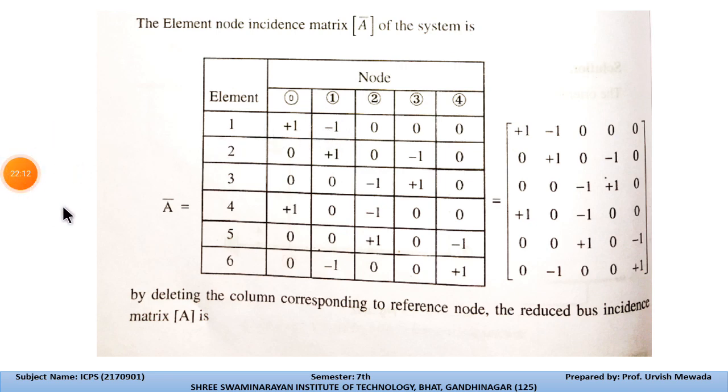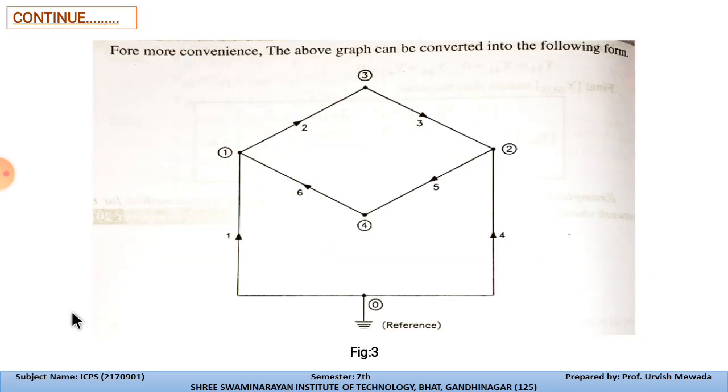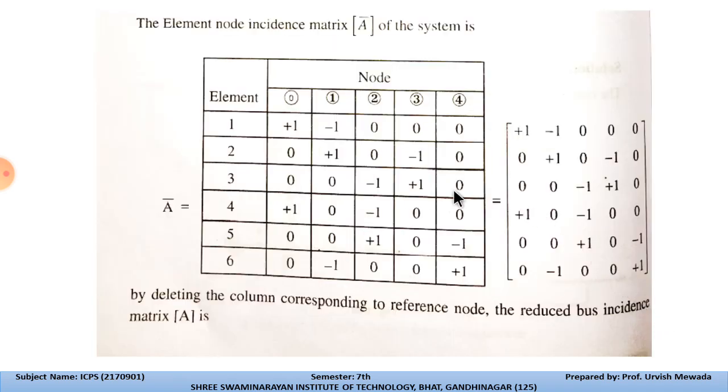Now for the arrow coming from 0 going towards 1, that's why it was minus. And this is the arrow which is coming towards 1, so in this case it is positive, and in this case it is minus.